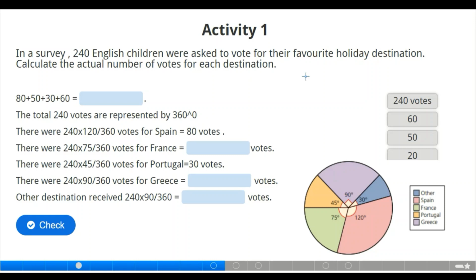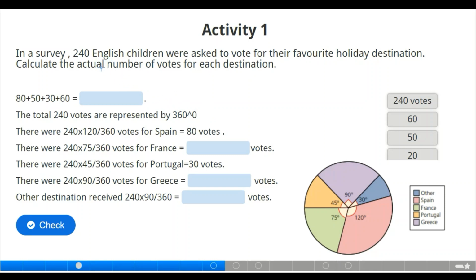So we have the pie chart already. We have 120, 75, 45, 93, and 30. If we add all of these, that will give us 360. Remember that we are told 240 is the total number of students meant to vote. So what we need to do is divide the degree by 360, which is the sum of the circle, then multiply by 240, the total number of English students.